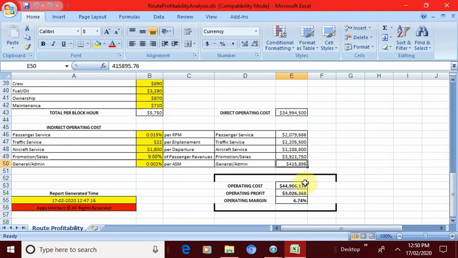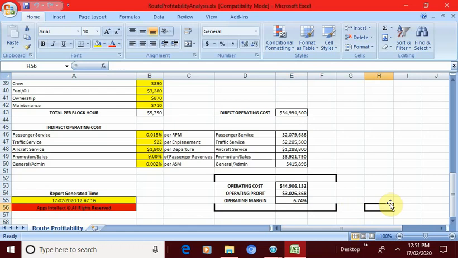Then we got the operating cost, operating profit, and this is the operating margin. So the operating margin for the route flown from Malaysia to Denmark for the period of 2019 from January to December was 6.74, so approximately 7%.